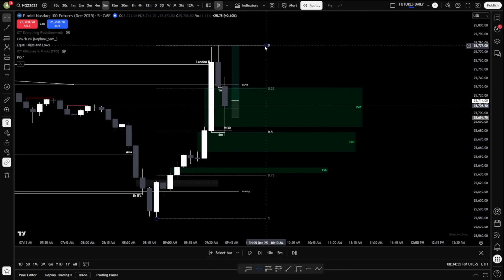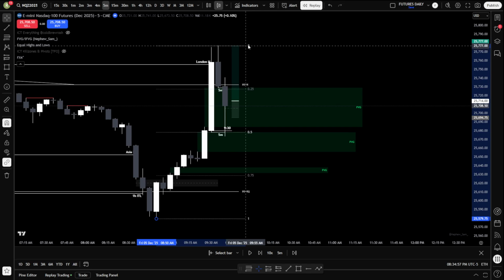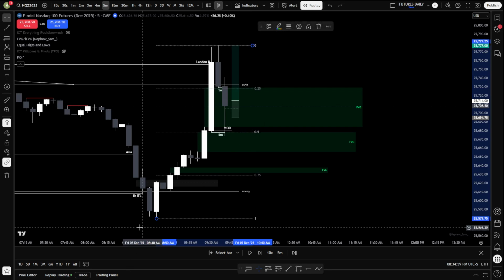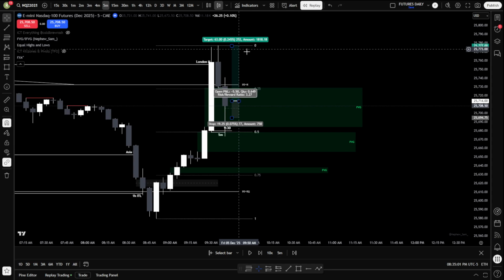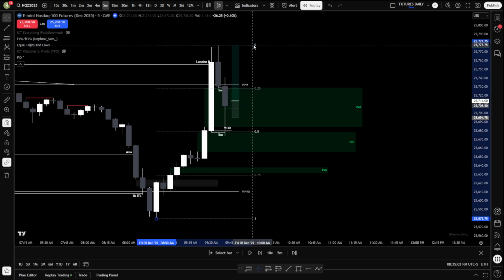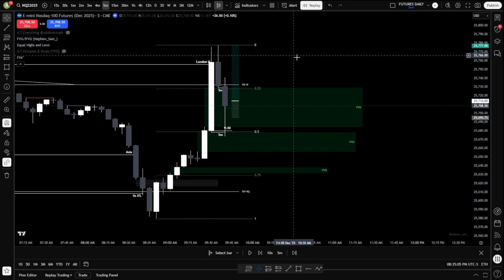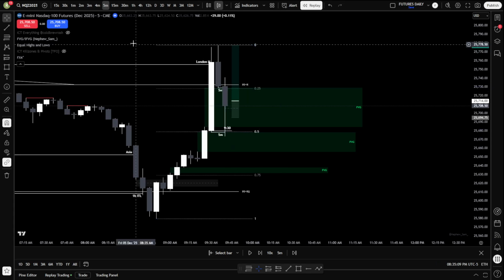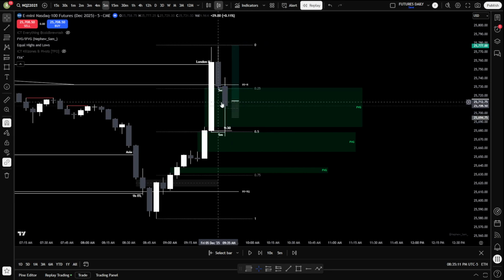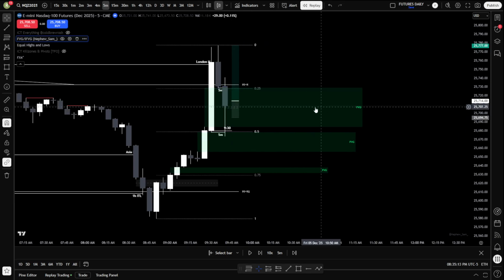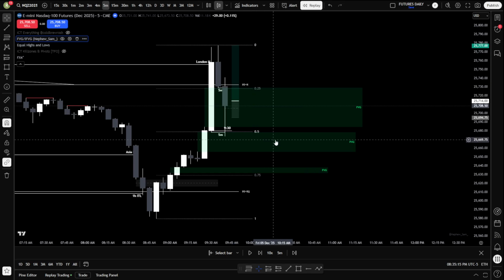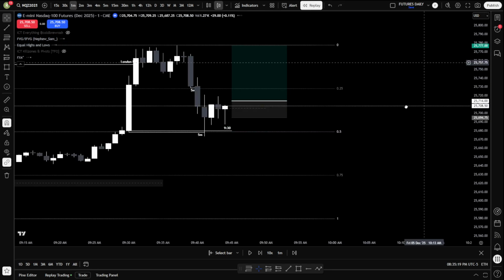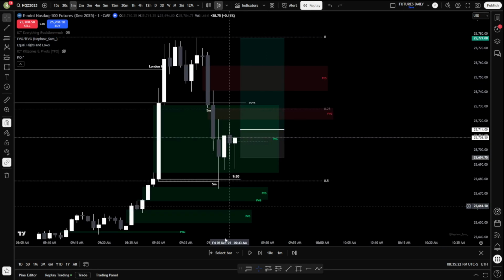And if you see these Fibonacci levels here, I pulled that from the swing low here to the swing high here that we just finished forming, okay? And in discount, we have this 5-minute fair value gap. So I'm not too interested in this one because this one is in premium, right? I'm looking at this discounted 5-minute fair value gap. So I want to see price come into that, and we did.